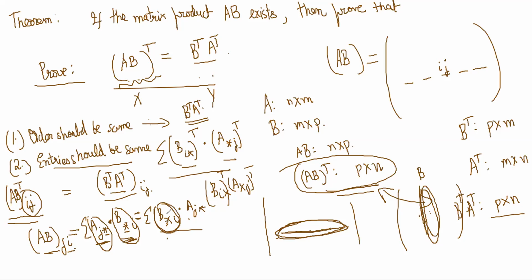It is just the vector of B star i transpose and A j star transpose, so the product is defined and matching. That is the proof. Now you know multiplication and also some basic things you can do.